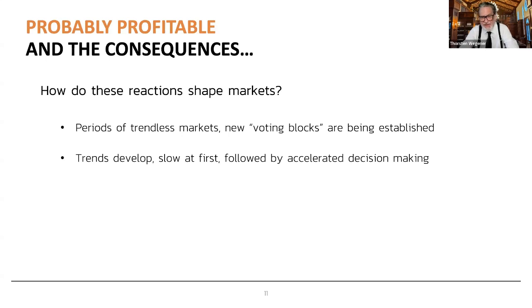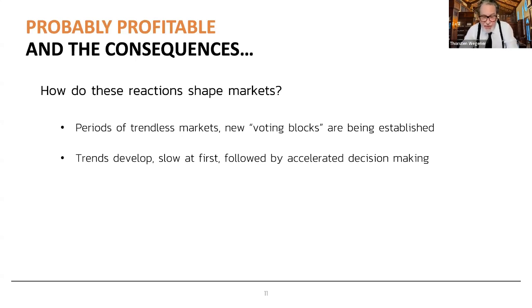So these trends develop, slow at first, followed by accelerated market decisions. And these voting blocks, which are making these trends or perpetuating these trends, are obviously extremely reliable when your own money is on the line. And we have voting blocks in the markets all the time. If a marketer calls you, yes, you might change your mind or you might not be serious about it. I can see actually the real voters in the markets because they have put their money in these markets and made a commitment, made a decision how to actually invest.